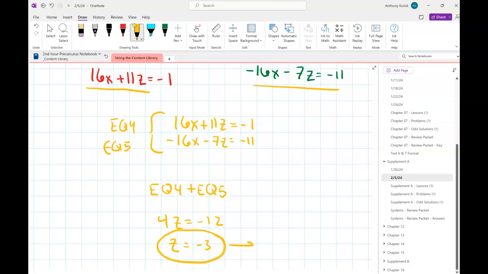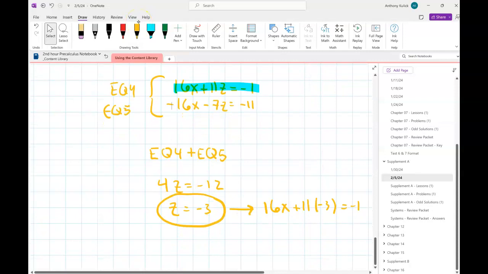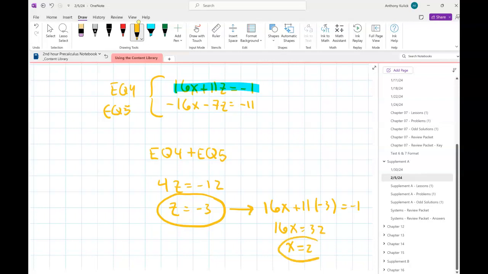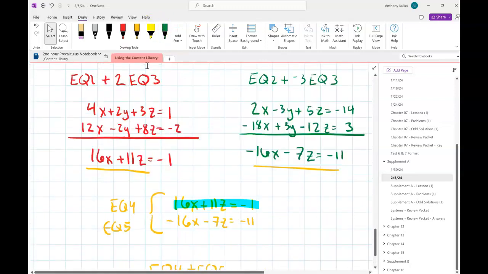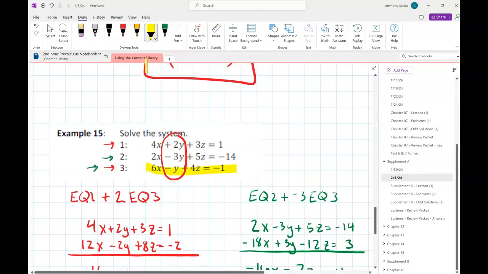Once I have that one answer, I can just plug it back into any two-variable equation. Let's say this one. And once I have two solutions, I can plug those two back into any three-variable equation.